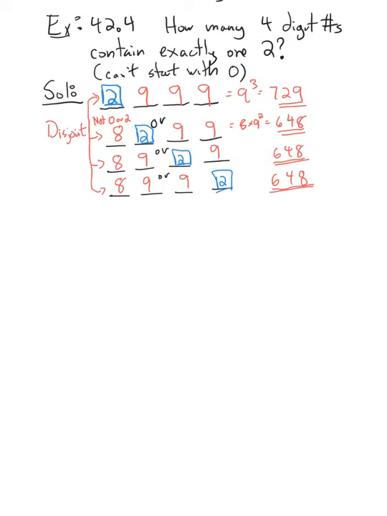There's no overlap, so we can just use the addition principle that we talked about last class. So we add this up, and we get 3, carry the 3, 17, so carry 1. So that's 26. So there's 2,673 different 4-digit numbers that have exactly one 2.